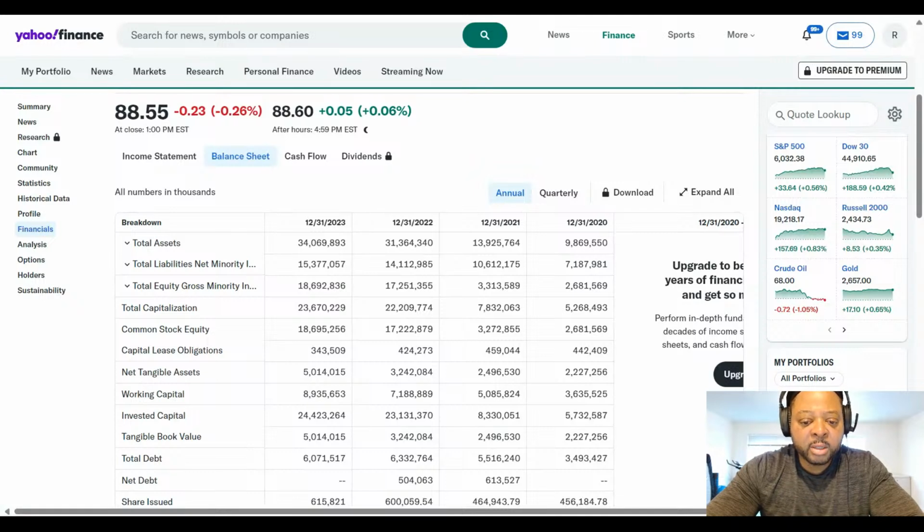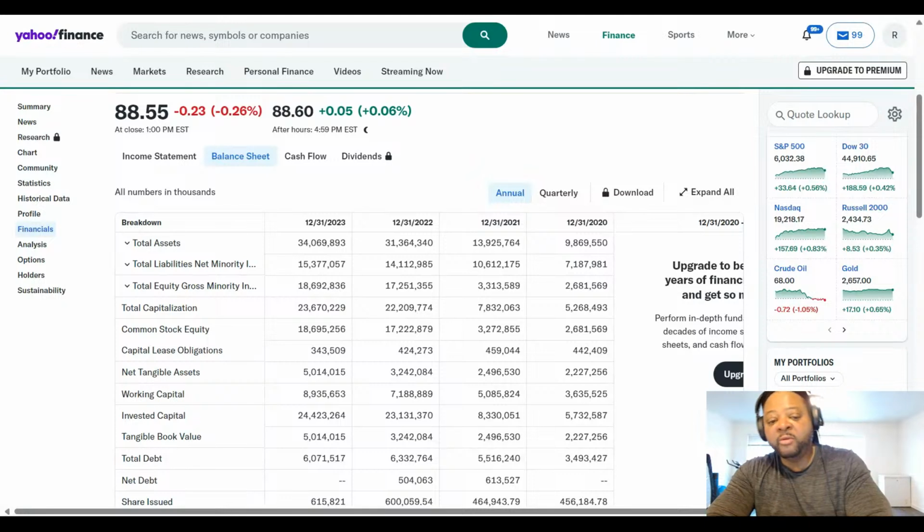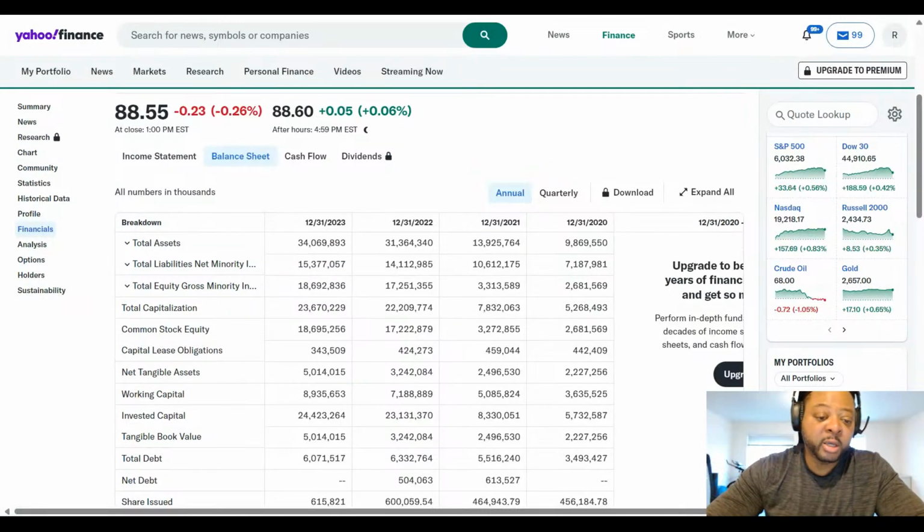It's been growing its assets annually from 2020 to 2021 to 2022 to 2023. So it's 9 million here in total assets. Then you've got 13 million. Then in 2022 they jumped up to 31 million in assets. 2023 is not over yet, and they made 34 million, and 2024 is not here yet.